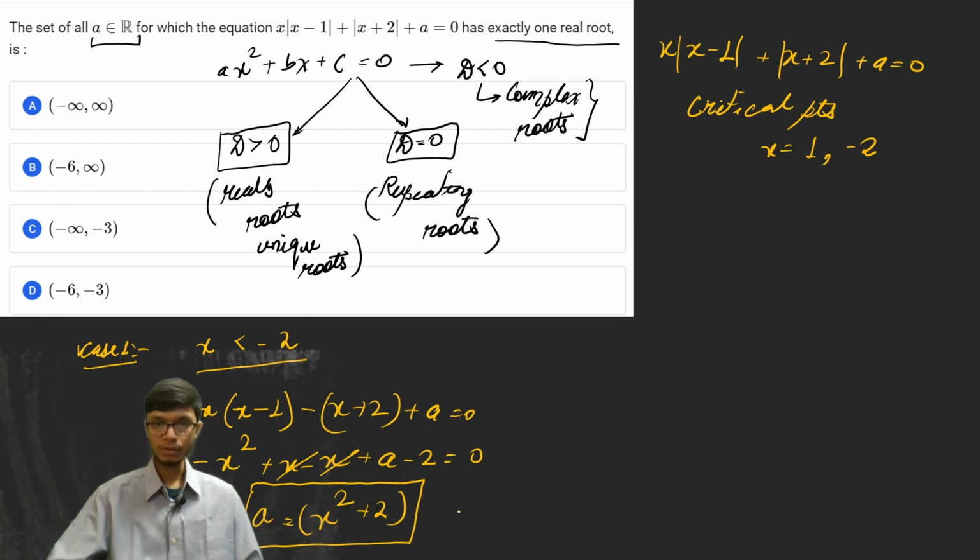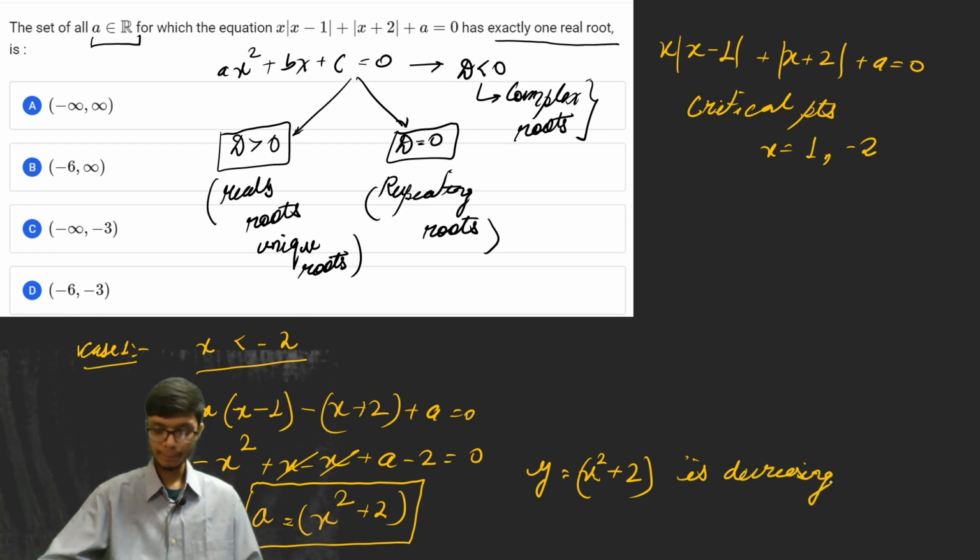If this has exactly one real root, consider y is equal to x square plus 2, which is decreasing for all x belonging to minus infinity comma minus 2. So if you consider the interval of minus infinity to minus 2, you will find it is a decreasing function.